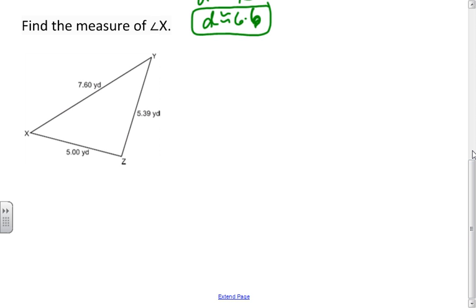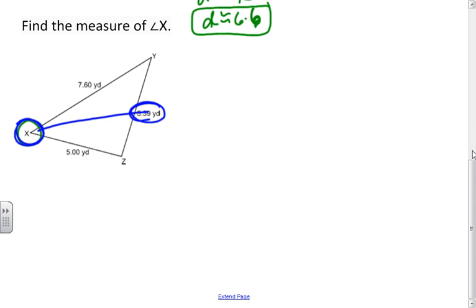So find the measure of x. So here I have the side, side, side situation. Clearly the law of sines is not going to work. So if I set up the sine of x and its side, that's my law of cosines.